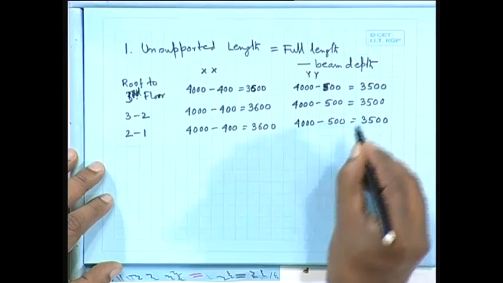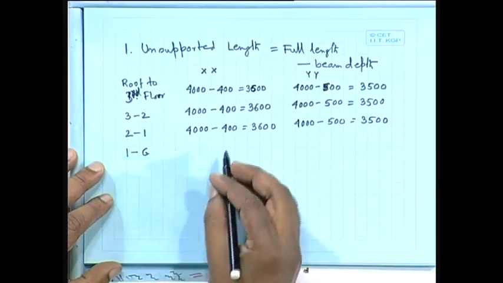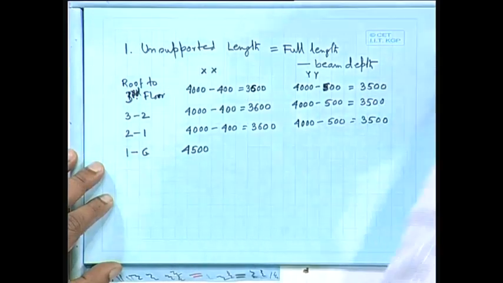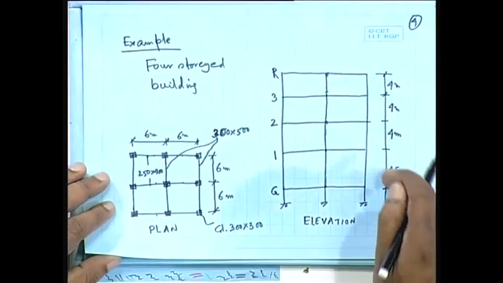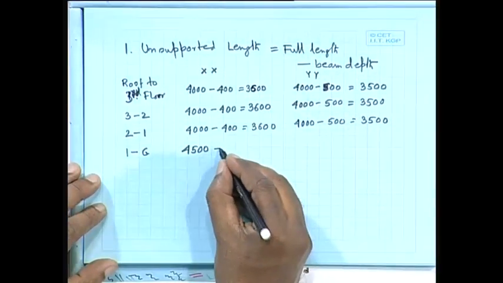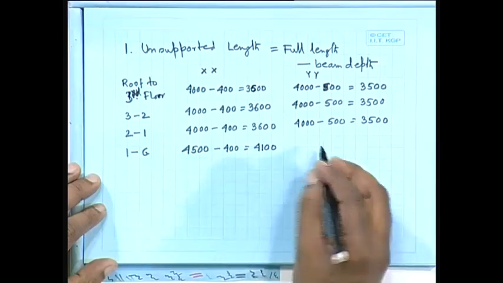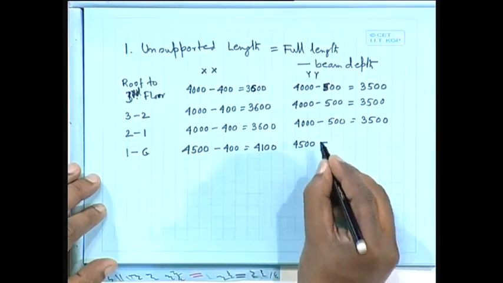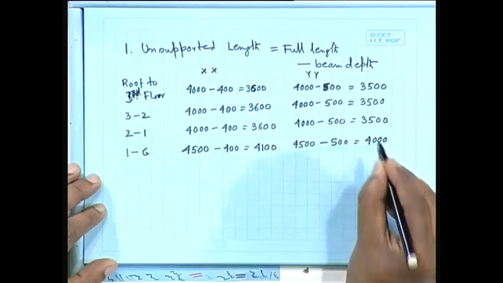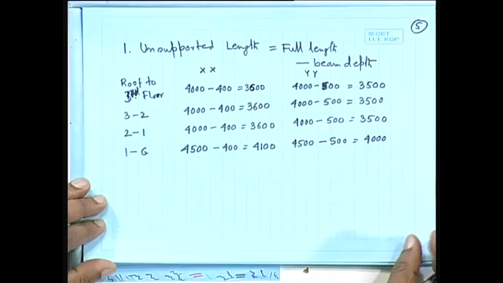And for first to ground floor we have 4500, please note 4500, the ground floor is a little higher. 4500 minus 400 comes as 4100, and 4500 minus 500 comes as 4000. This is your unsupported length.